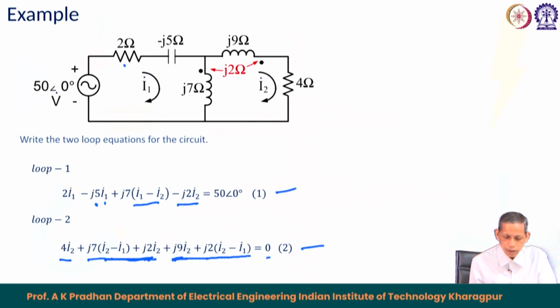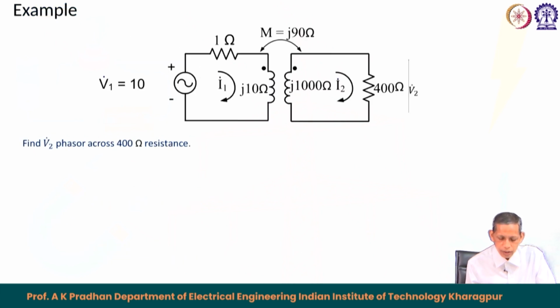So, we see here that for the J 7 element we have two components, and here also two components. For the J 9 component we also have two components, because J 9 is mutually coupled with the J 7. So, if we write the loop equations element wise like this, then we can reach the correct form of the KVL equation for each loop.